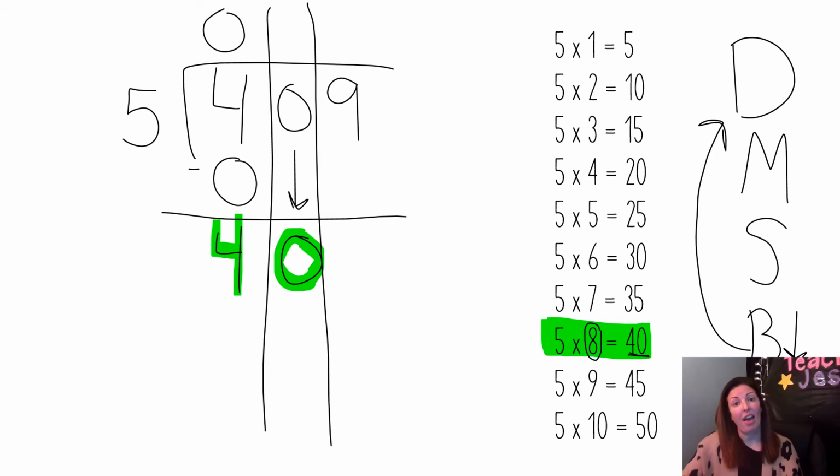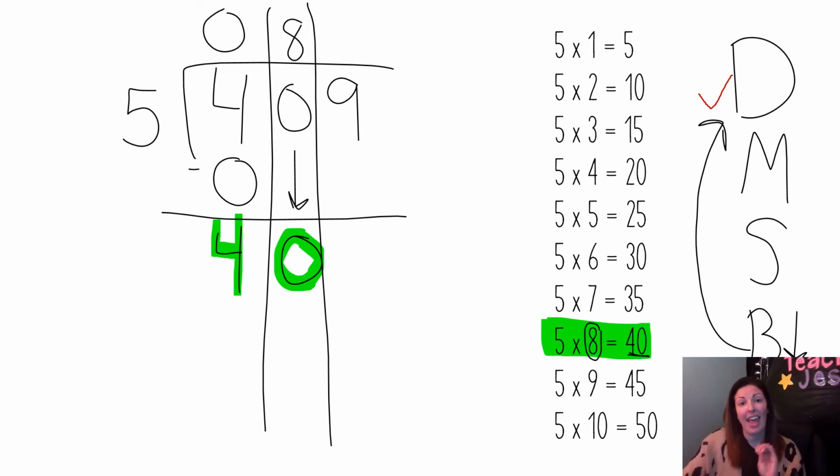So that means if I have 40 tens and I'm going to split them into 5 groups, I can equally put 8 tens into each group. So if I do that, 8 tens into each group, I just took care of my dividing. Now my next step, I have to multiply.